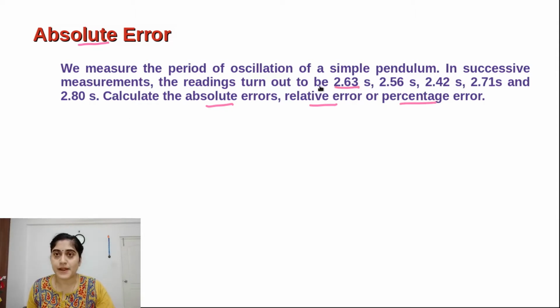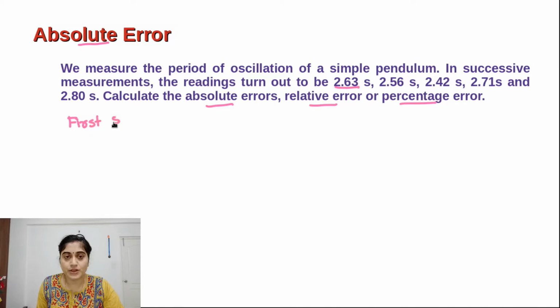So these are the measured values. This is a simple pendulum and we are finding the oscillation, for which they have measured the period. In the first measurement the first period is given as 2.63. Like that they have taken 5 measured values. So the first step is how to calculate the absolute error. The first step is to give names to these measured values.